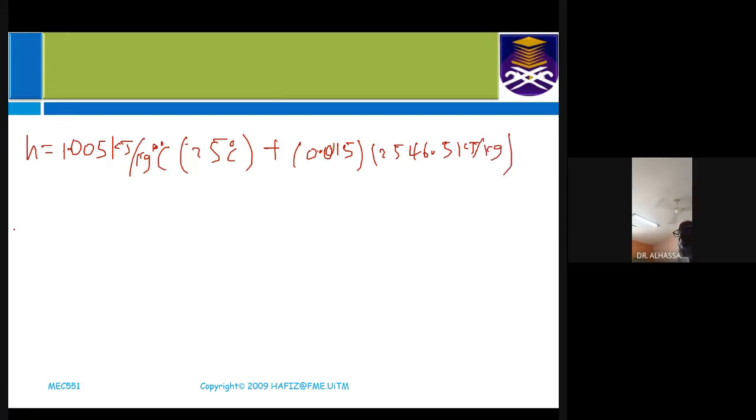This gives the enthalpy equal to 63.8 kilojoules per kilogram of dry air.